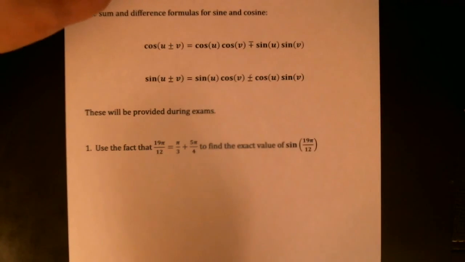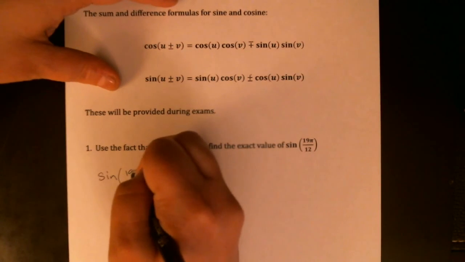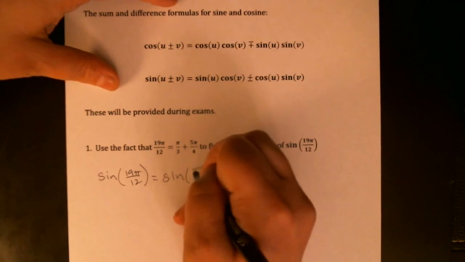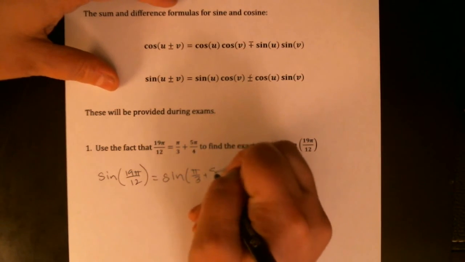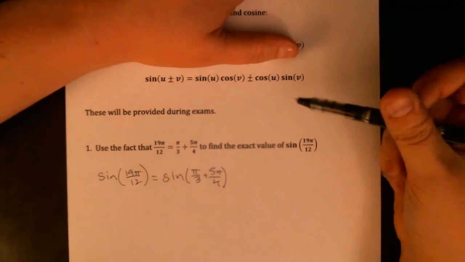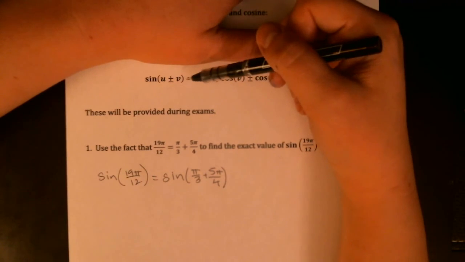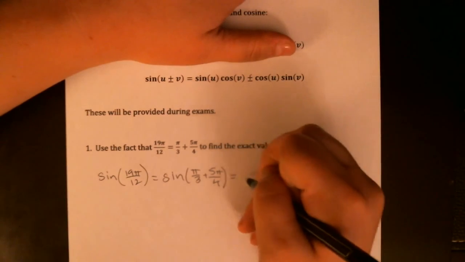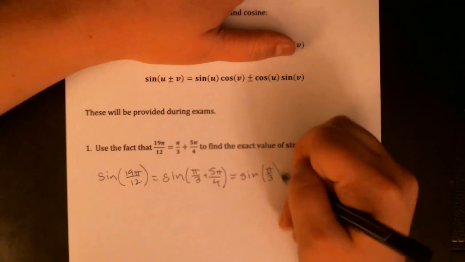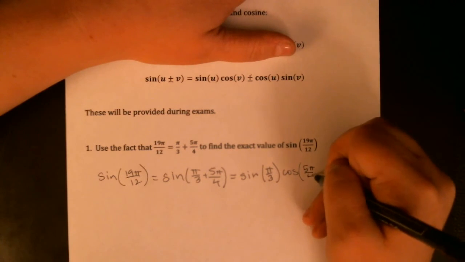Okay, so using that, if I want to find the value of sine of 19 pi over 12, that's going to equal sine of pi over 3 plus 5 pi over 4. And I have a formula right up here that says if you want to find the sine of the sum of 2 angles, you can break it up and say that's the same as finding the sine of the first angle multiplied by the cosine of the second angle.